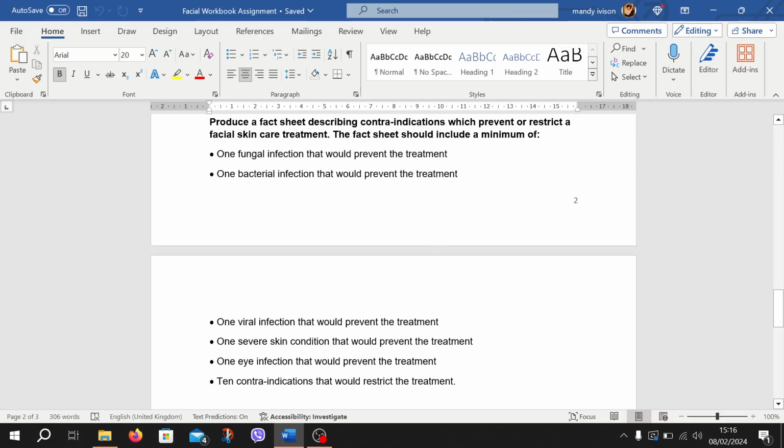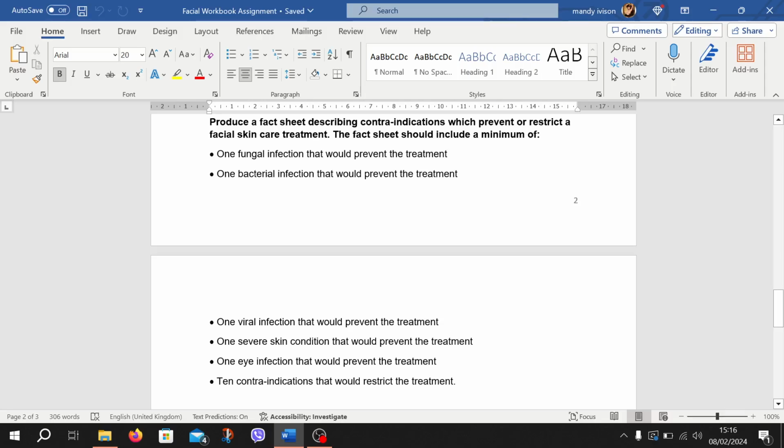So fungal infection could, I mean, there's so much. I mean, a client could have thrush of the mouth, so you can't do any like lip waxing, so like treatments around the mouth.